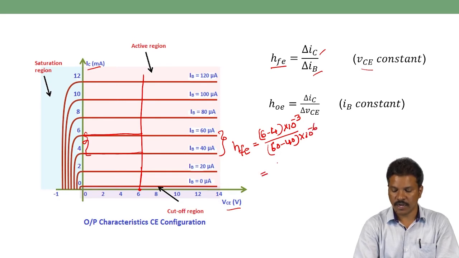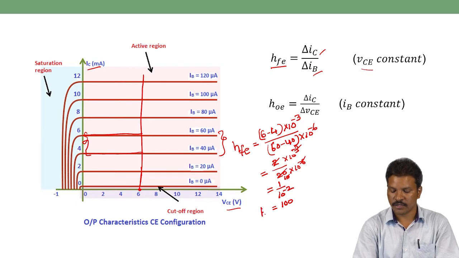So we get 2 into 10 power minus 3 divided by 20 into 10 power minus 6. Minus 3 and minus 6 combine, and you get 20 divided by 2, that is 1 by 10, then 10 and 10 to the power minus 2 combine. You can get approximately 100 for HFE.